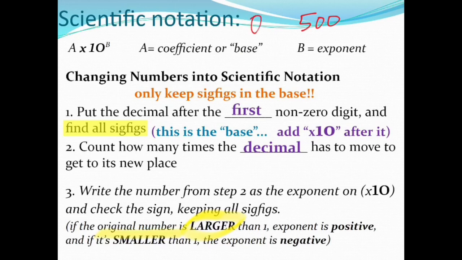If the original number in standard form is less than 1, something like 5 millionths here, 0.0005, then our exponent is going to be a negative number. So I can easily remember positive for bigger, negative for smaller. And that is how we're going to tell what sign to have on our exponent.